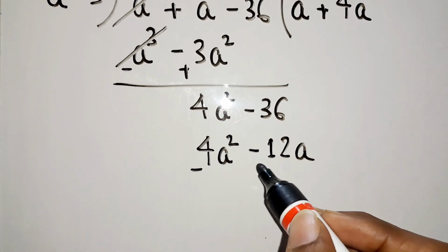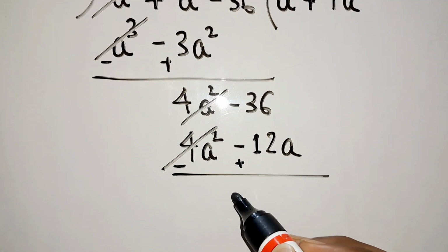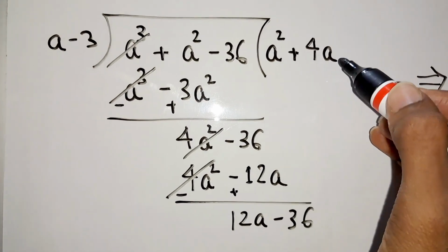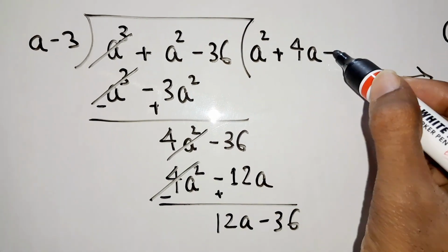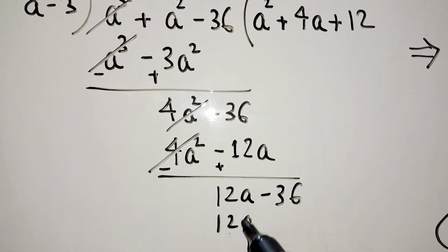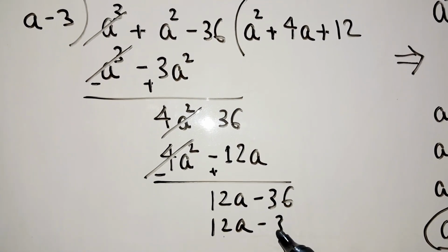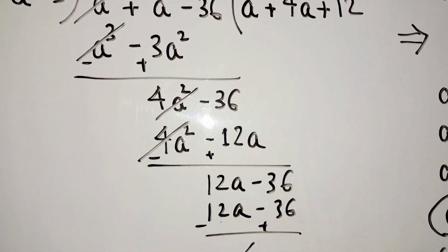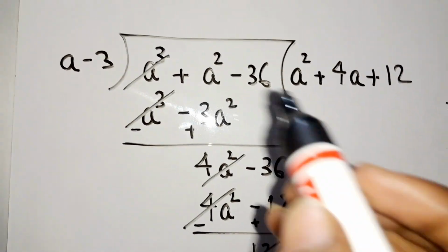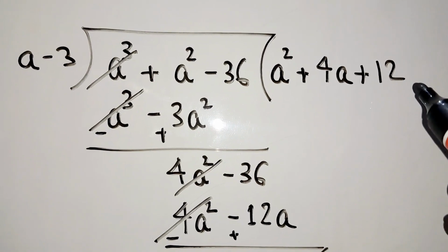Once again we subtract, and finally we get 12a minus 36. If we multiply by 12 here, a into 12 is 12a, minus 3 into plus 12 is minus 36, so minus plus, it cancels. So this can be written as a minus 3 into a square plus 4a plus 12.